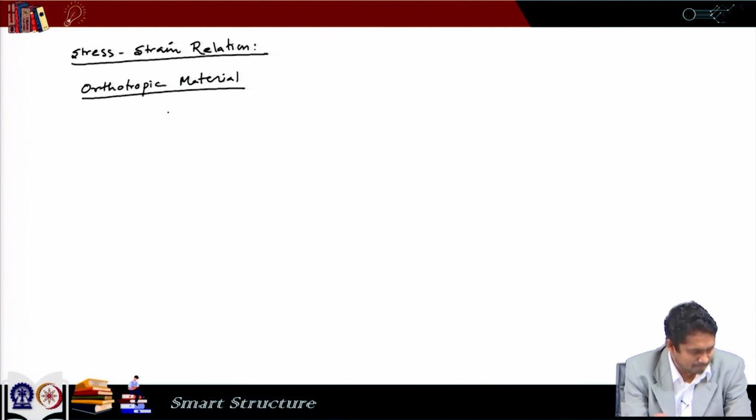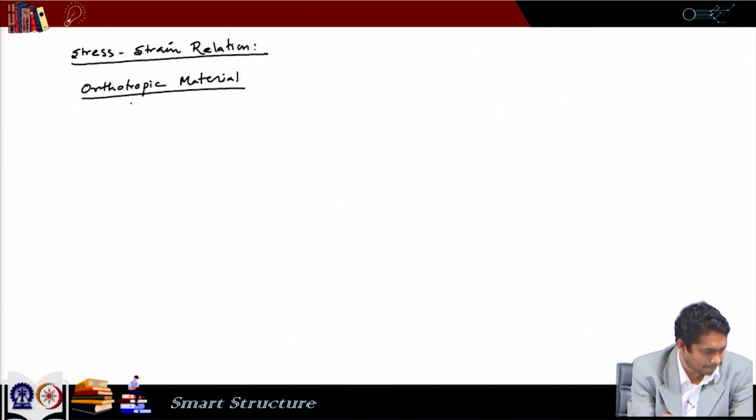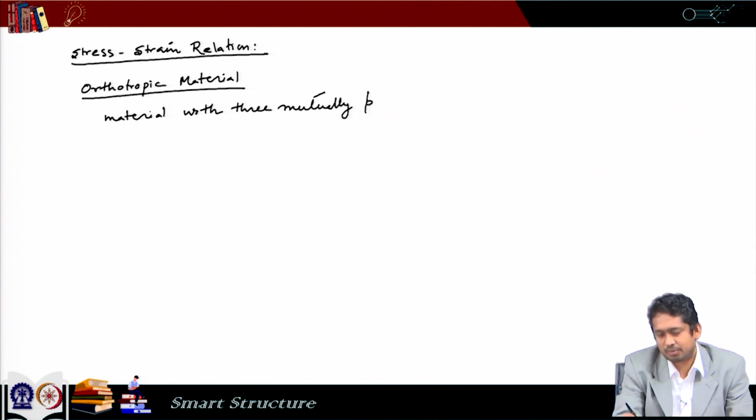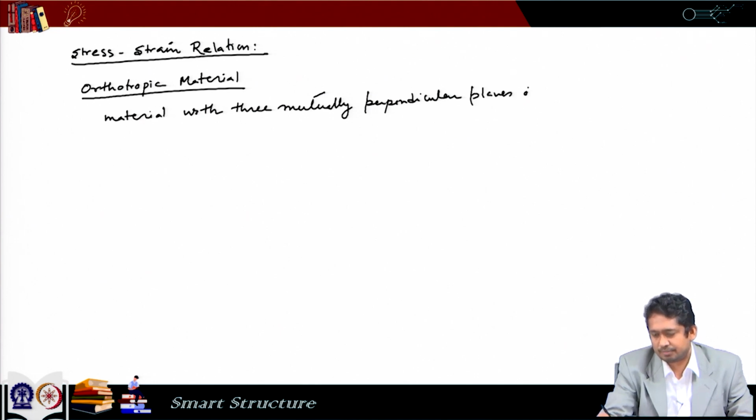Now, an orthotropic material is a material with three mutually perpendicular planes of symmetry.